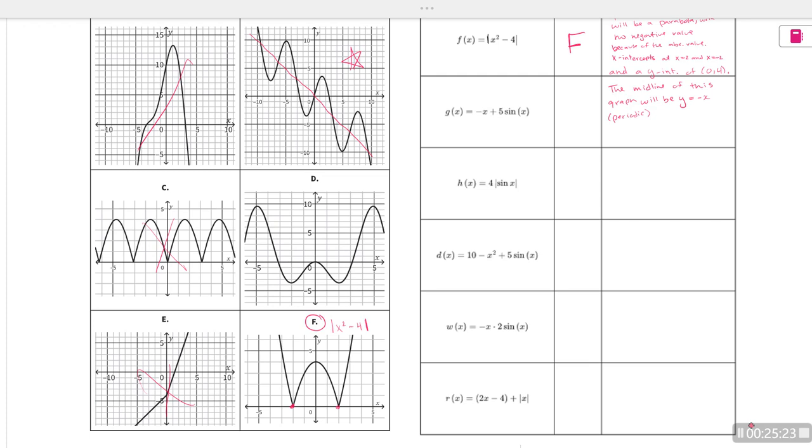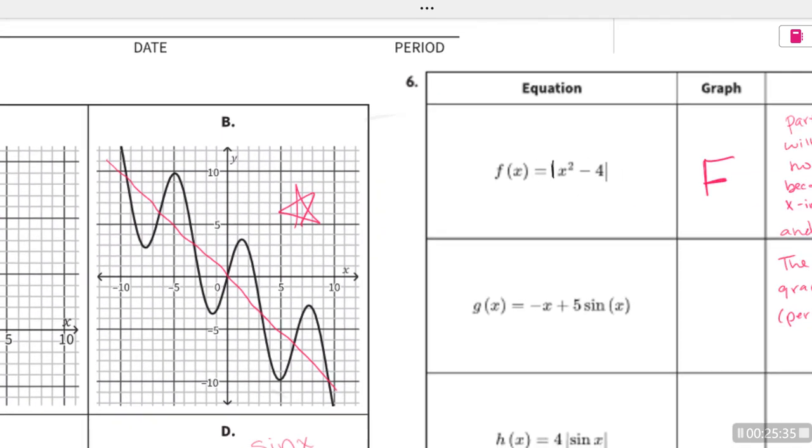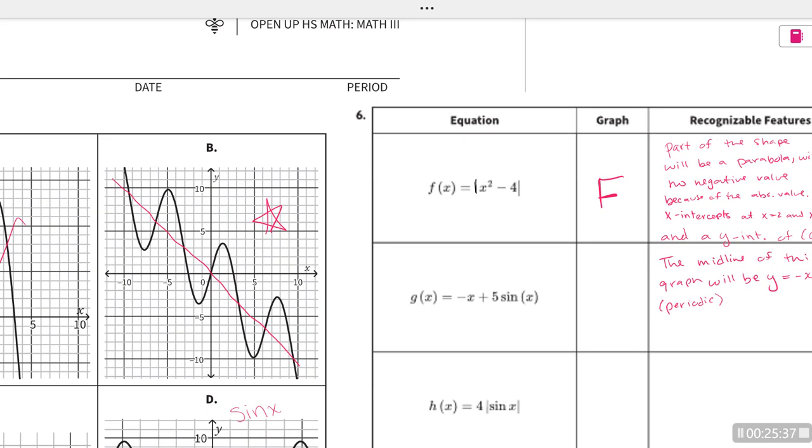It looks like a sine function, so this definitely has sine of x tendencies, where we have this 0, 0 point here. But B is definitely our closest match, where we see that y equals x being the midline. So let's say B, y equals x.